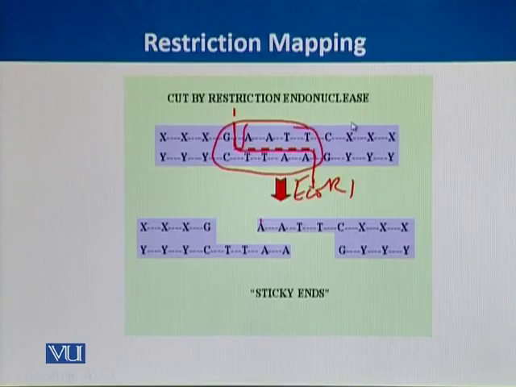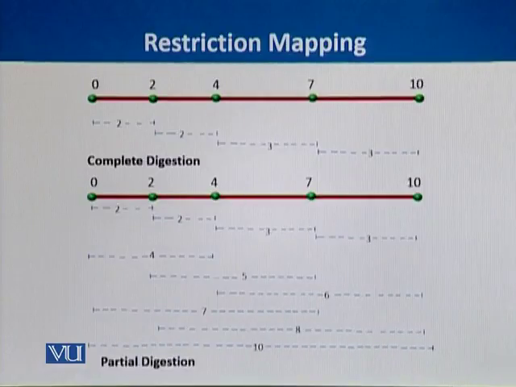So the two DNA pieces will be separated apart. In this way, all the sites will be cut in this manner, and small fragments will be created known as restriction fragments.